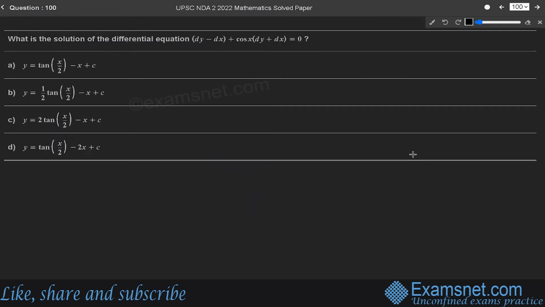Next question is, what is the solution of the differential equation (dy minus dx) plus cos x into (dy plus dx) is equal to 0.